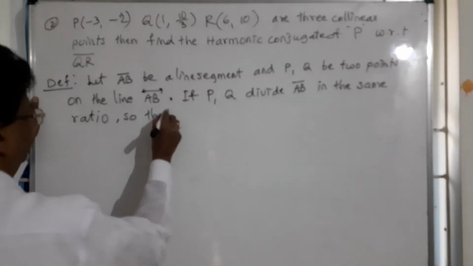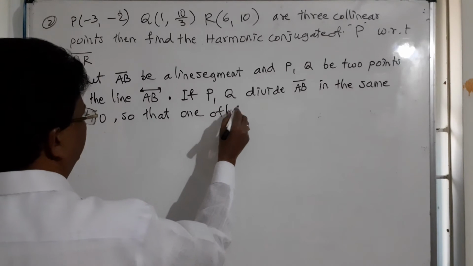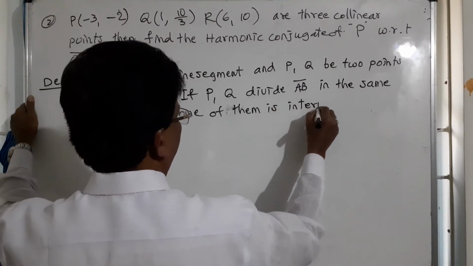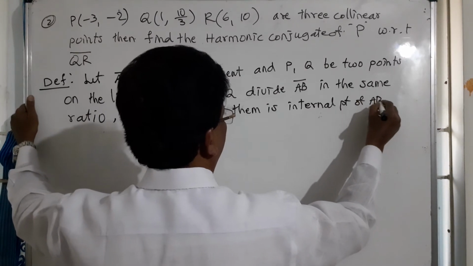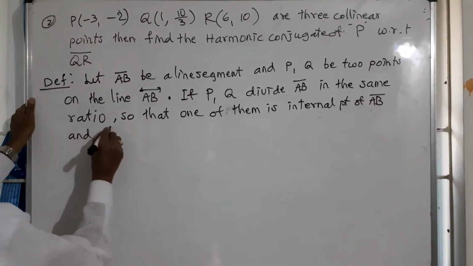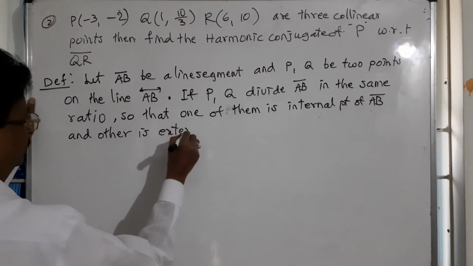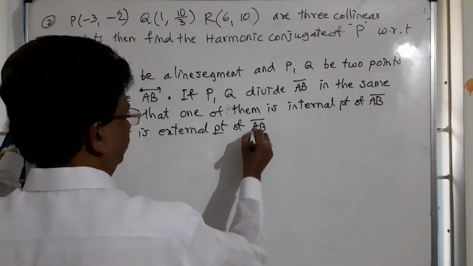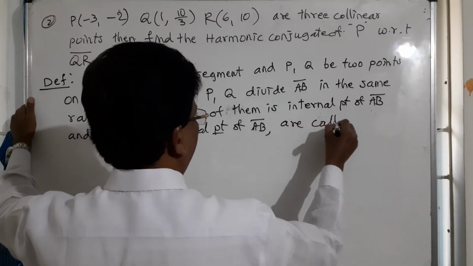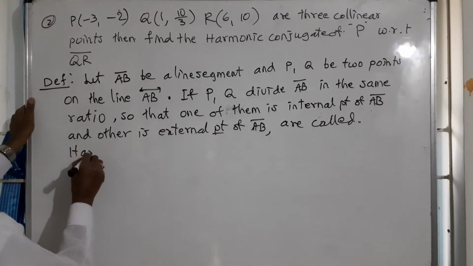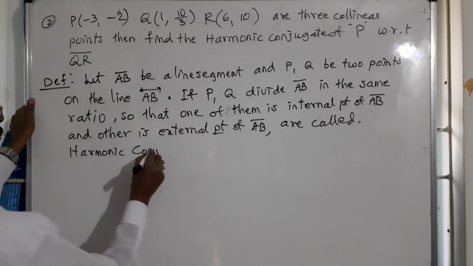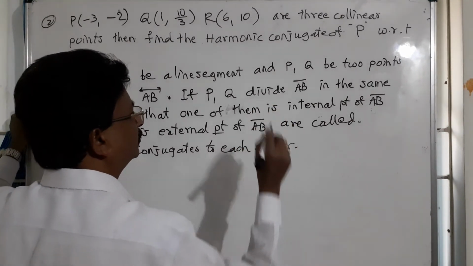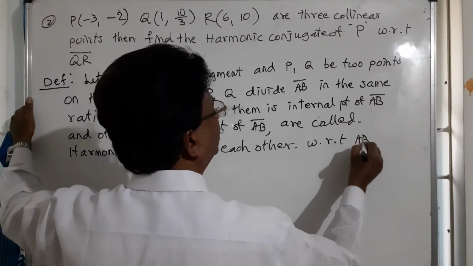so that one of them is an internal point of AB and the other is an external point of AB, they are called harmonic conjugates to each other with respect to the line segment AB.